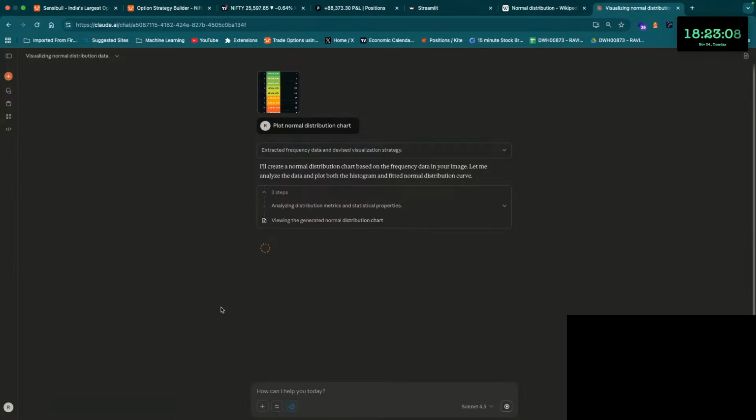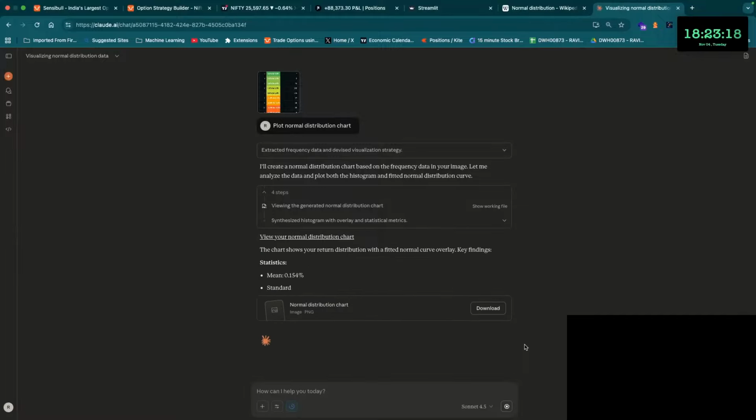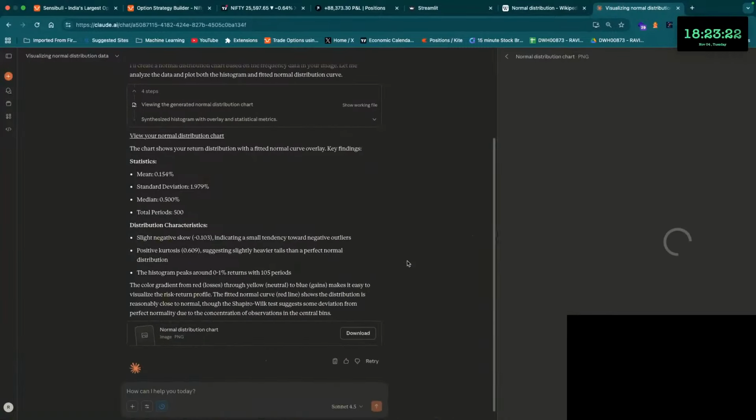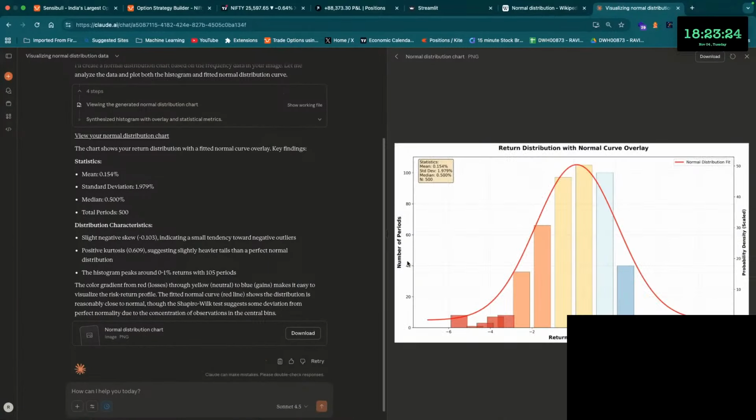If you're very curious, it has multiple models. Right now I use Sonnet 4.5, which is my default. All right, so this is a perfect normal distribution. It picked up the data and drew the normal distribution, so that is actually proven.